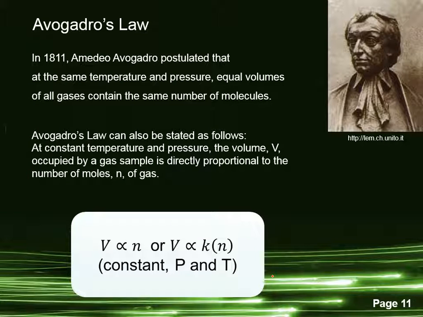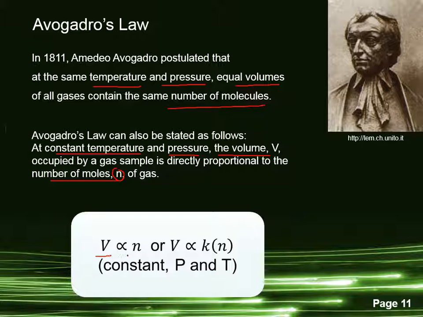Avogadro's law talks about the relation between the amount of a gas sample and the volume of the gas sample. Avogadro postulated that at the same temperature and pressure, equal volumes of all gases contain the same number of molecules. He stated that at constant temperature and pressure, the volume occupied by a gas sample is directly proportional to the number of moles of gas.